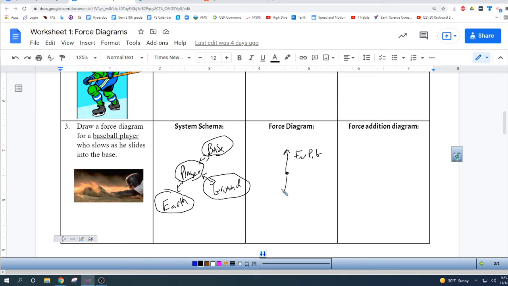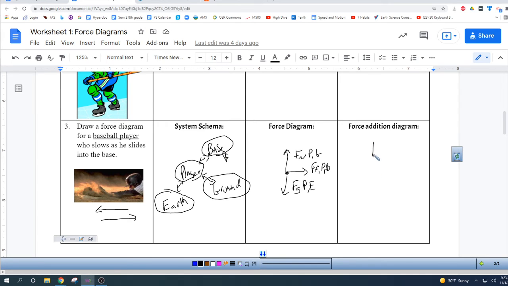And we have our downward force, which is our force of gravity, on the player, comma, by the earth. And the slider is going that way, so the force of friction from the base is pushing in the opposite direction. We'll call that the force of friction on the player, comma, by the base. You could call it whatever you want.